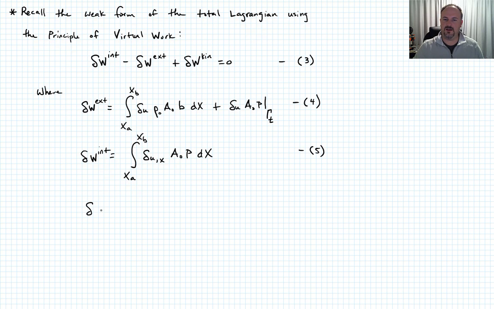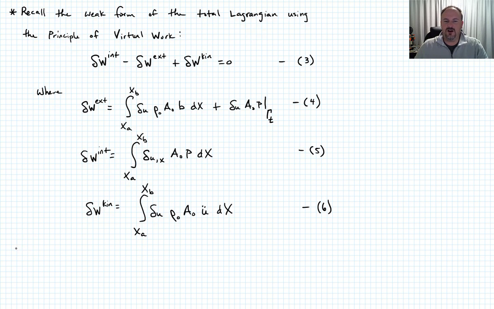And then finally, the kinetic virtual work we said was equal to the integral from xa to xb of delta u times rho naught A naught u double dot dx. Call that equation 6.